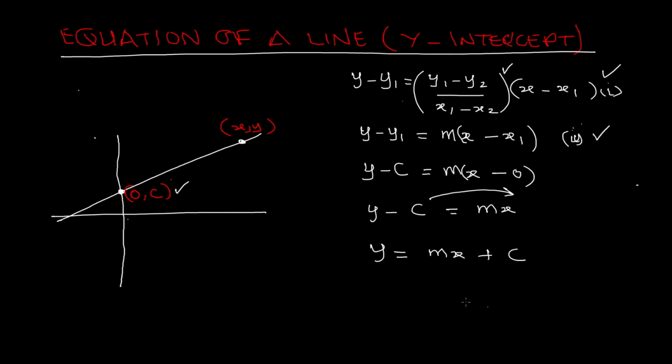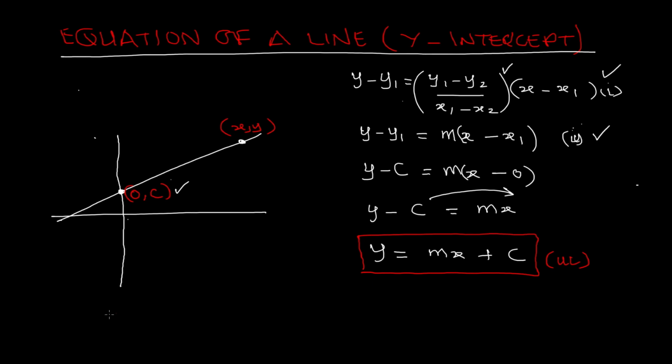All right, so this is our equation. This is another equation, so this is the third one. You can use this to get an equation, or you can use that to get an equation, or you can use this to get an equation.